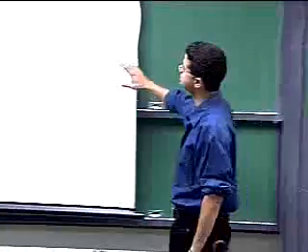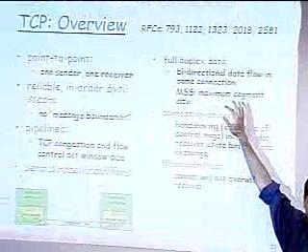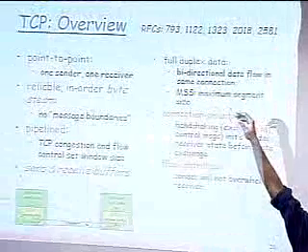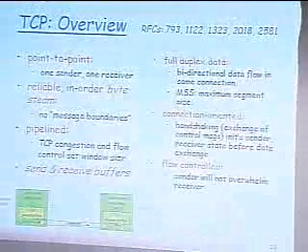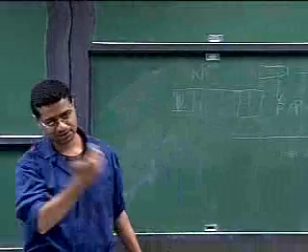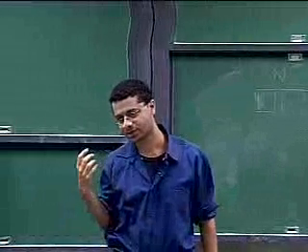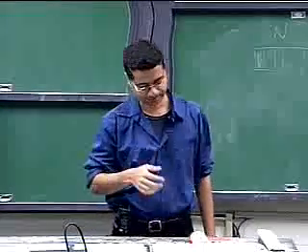There is a slight complication, which is because in TCP there is bidirectional data flow. Data can flow in both directions, so you need to have sequence numbers in the forward direction and in the reverse direction, and also acknowledgements in the forward and reverse direction.